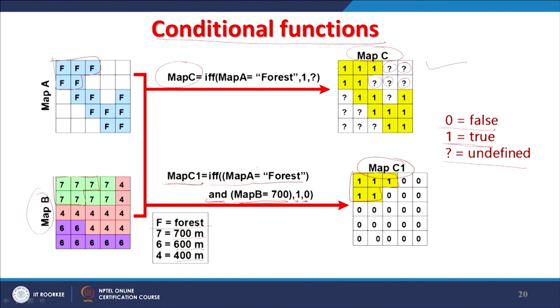Here I am using intersection, here I am using a conditional operation, and in the second example I am using conditional as well as intersection. So, all combinations and permutations of these operators are possible through these analytical operations in overlaying analysis.